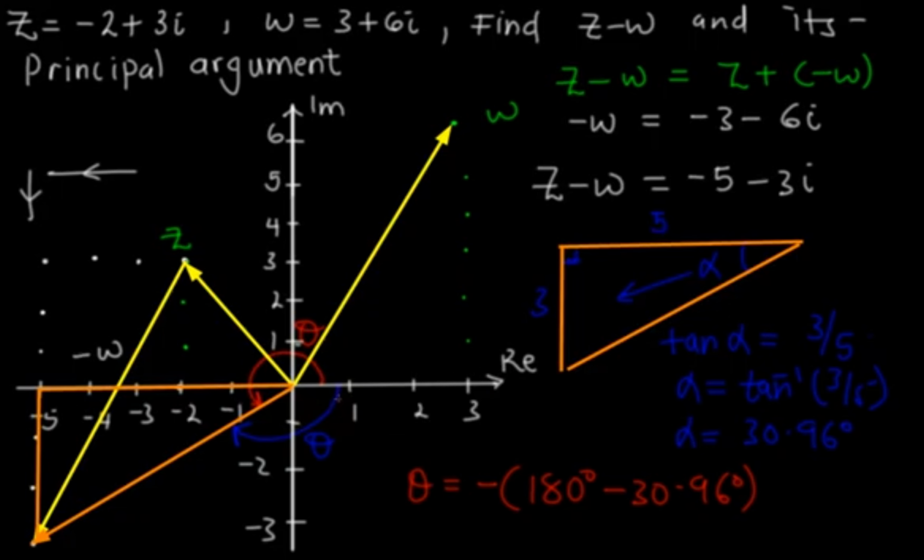And when we measure angles in a clockwise direction, we must apply a negative. Therefore, theta is equal to 149.04 degrees in a clockwise direction.